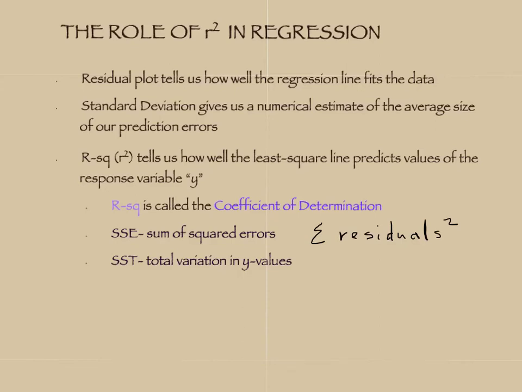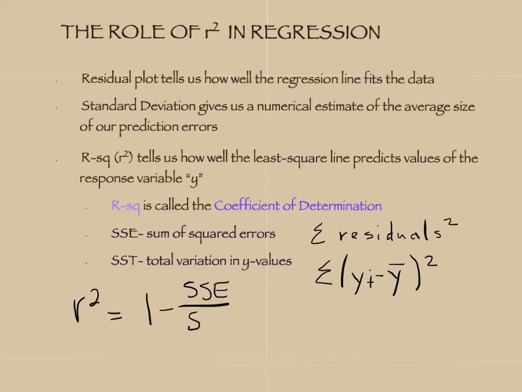And SST is the total variation in y values, and that is found by finding the sum of all your individual y's minus y bar, or the mean of y, squared. Okay, now that we know those two pieces, we can go ahead and give you the equation of R-squared, which is R-squared equals 1 minus SSE divided by SST.